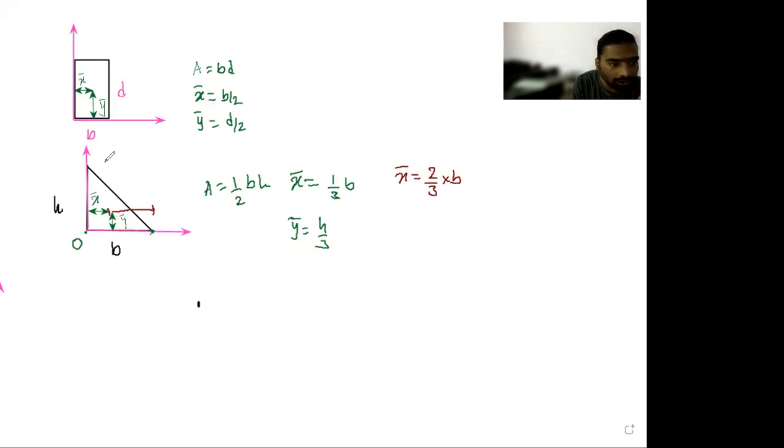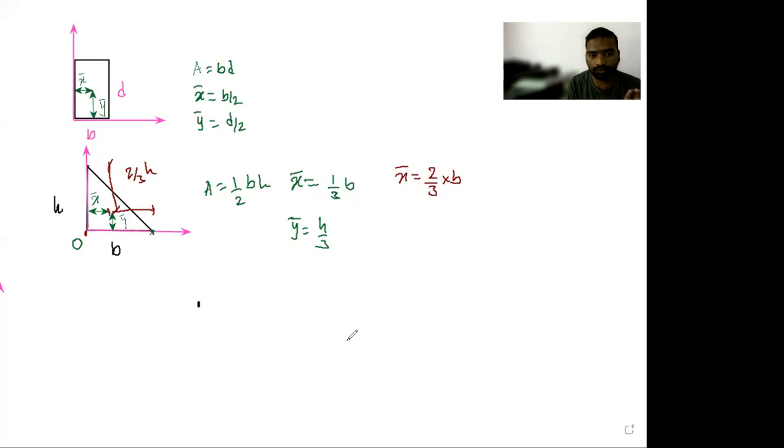If you want to calculate y bar from the apex, that will be 2/3 of H. Apex means top, and base means origin. Is it clear, everyone?